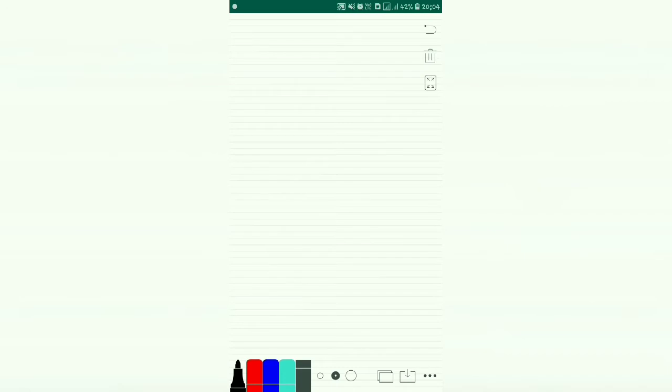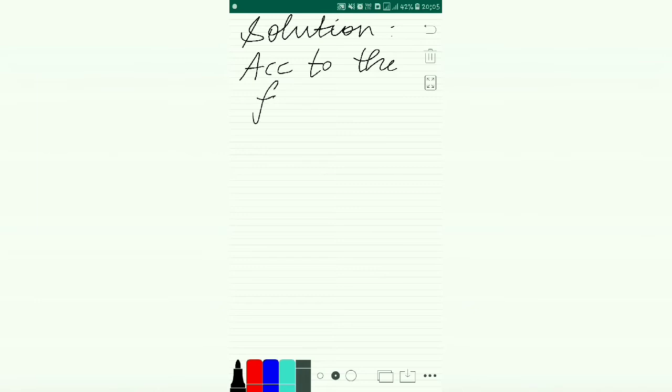After writing the formula, write the solution. That is, according to the formula, because you have to mention the formula earlier, otherwise how would the one who checks the paper know from where you got this formula.